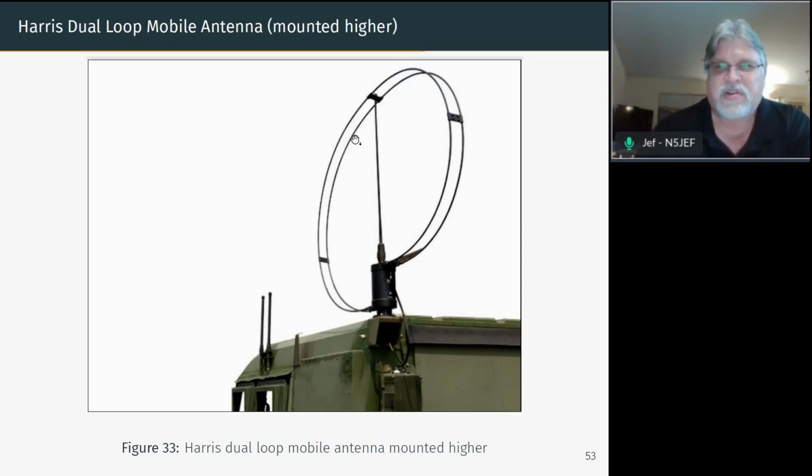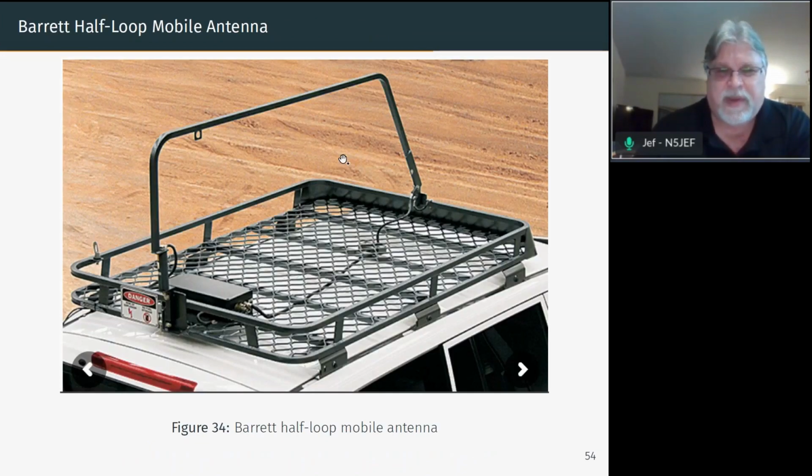There's another picture of the same thing. This is the Barrett half loop magnetic loop antenna. It works pretty well. It has the main advantage of being small. It's a little too small for great performance.